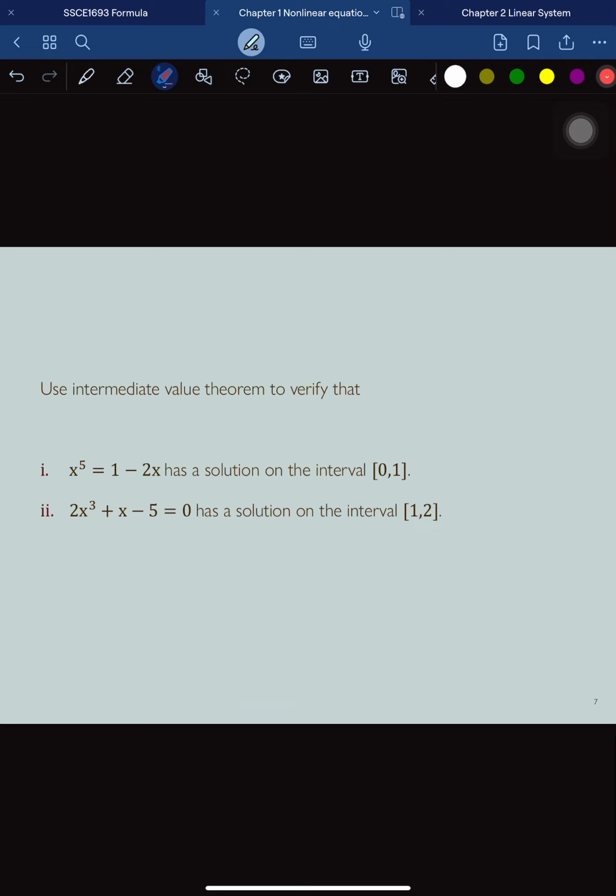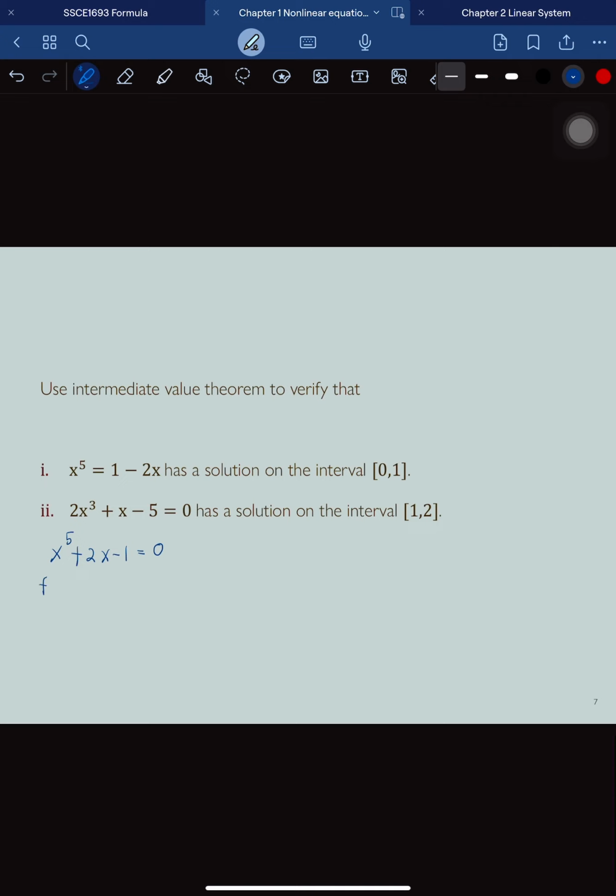Okay, let's try one example. Use the IVT to verify that question number 1 has a solution on the interval. The first step is to move all your equation to the left hand side, equal to 0.